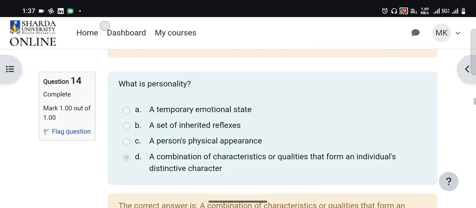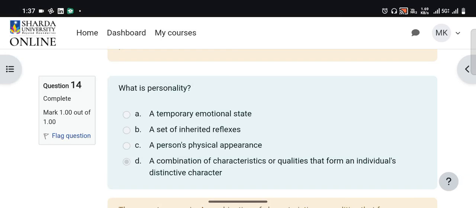Question number 14. What is personality? Option A, a temporary emotional state. Option B, a set of inherited reflexes. Option C, a person's physical appearance.